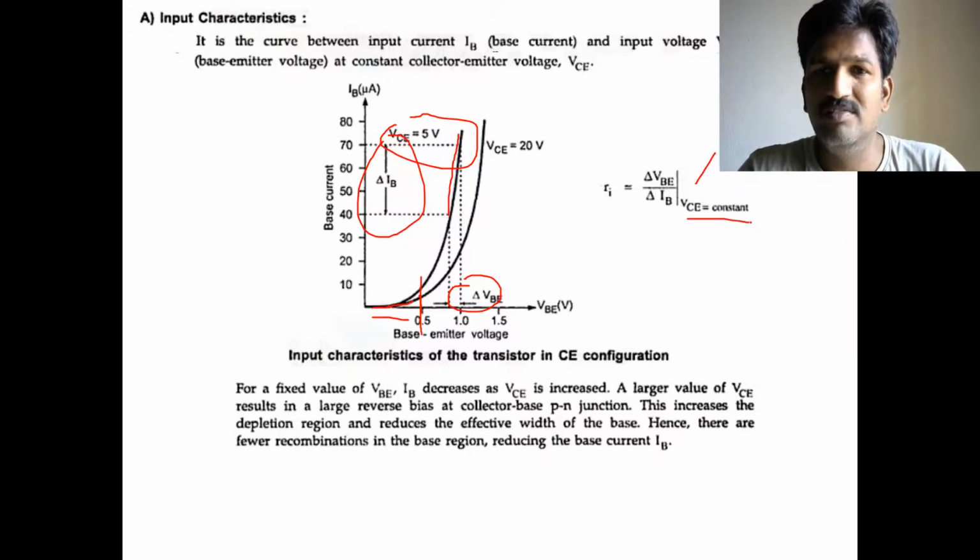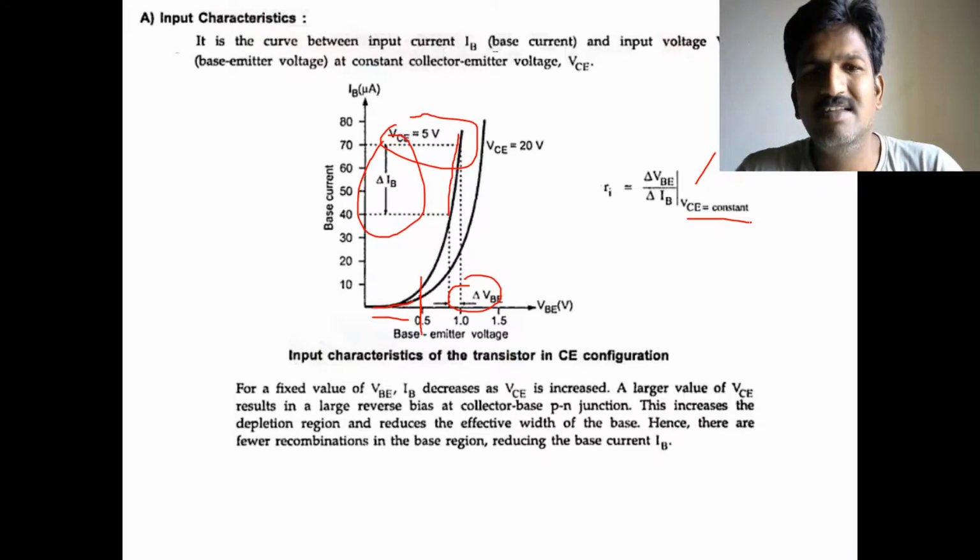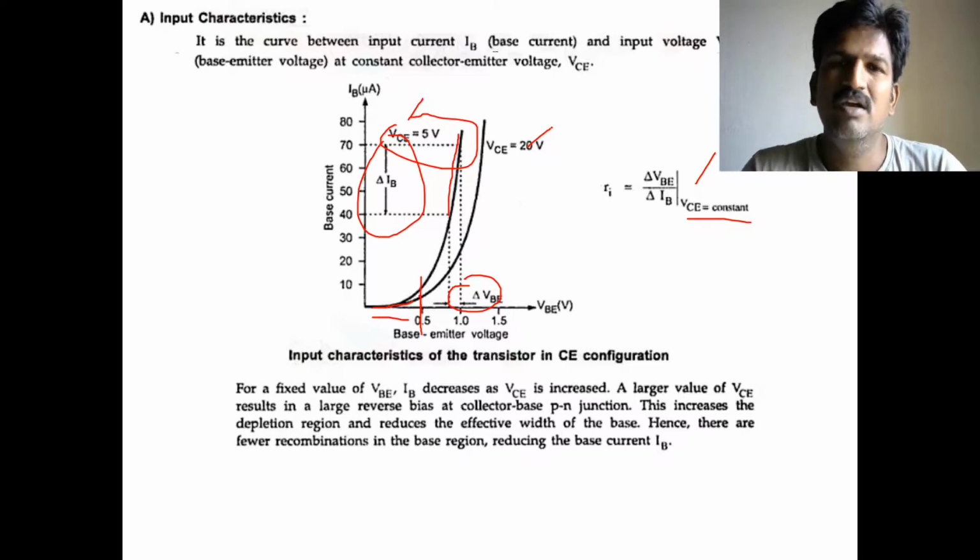It gives the relation delta VBE divided by delta IB while you are keeping VCE constant. That is called the dynamic input resistance.